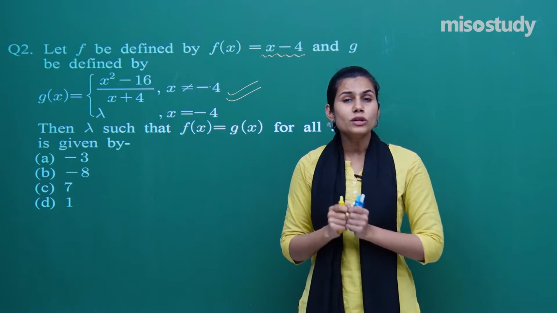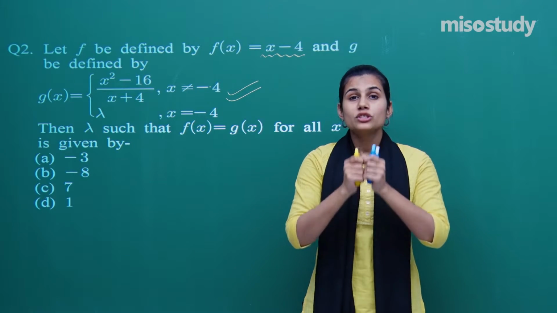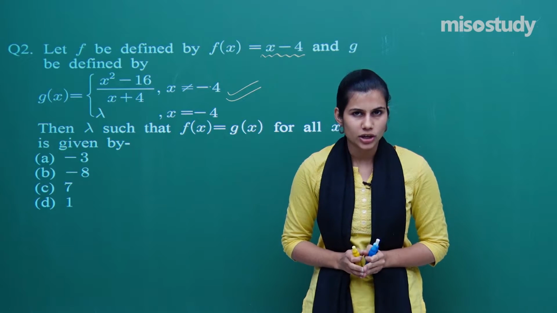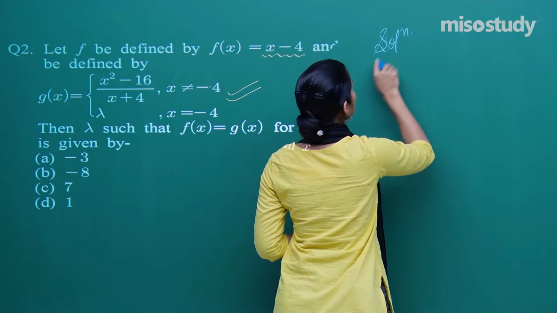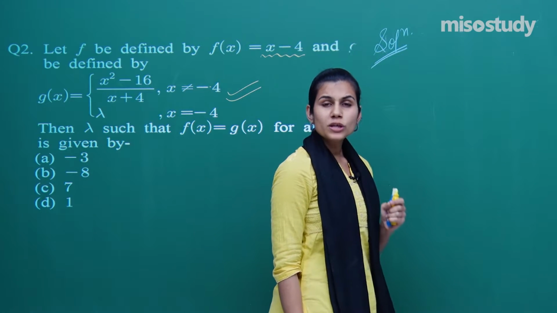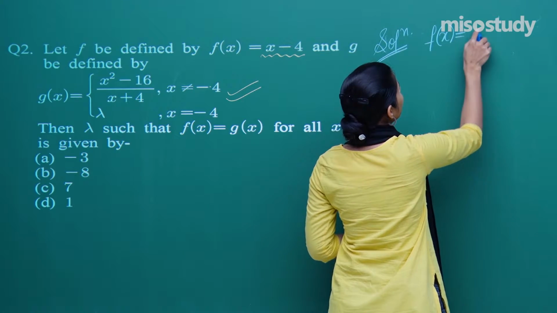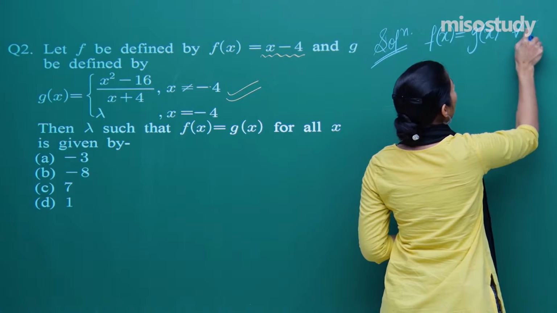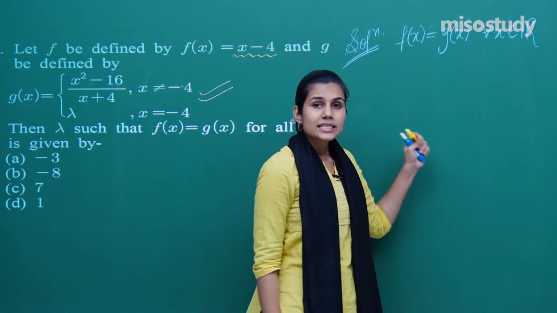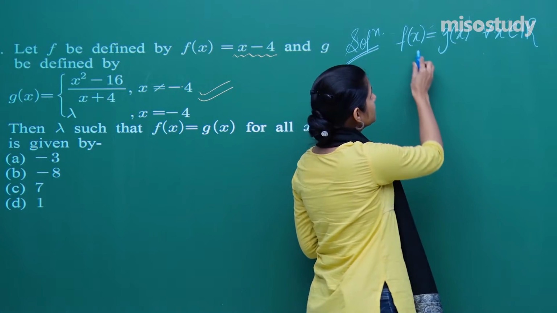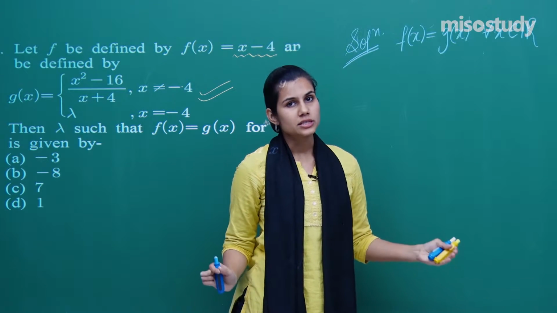So if fx is equal to gx for every x, what do you think is lambda going to be, which is going to make these two functions equal to each other? So let's start with it. Fx is equal to gx is what is given to us. That is what I want basically, that fx should be equal to gx for all x in R. But this is equal provided corresponding to every x sitting here as input, the output produced by f and g is the same.